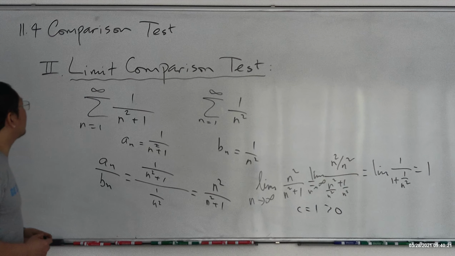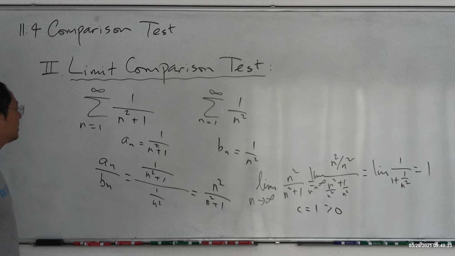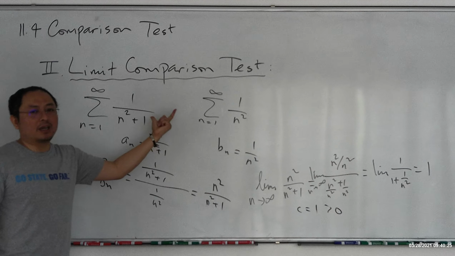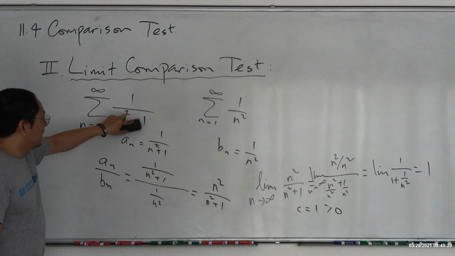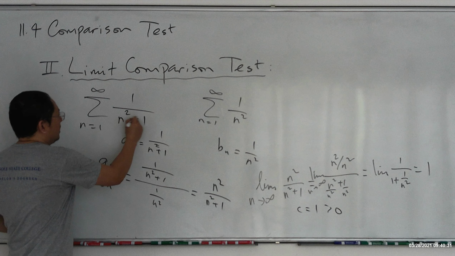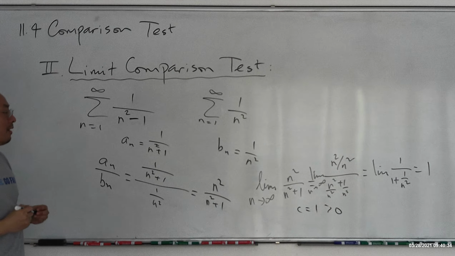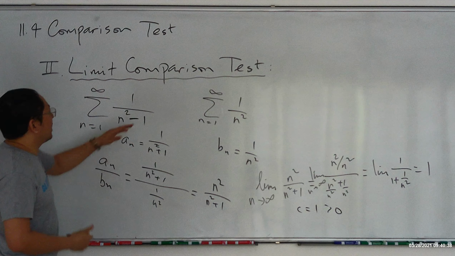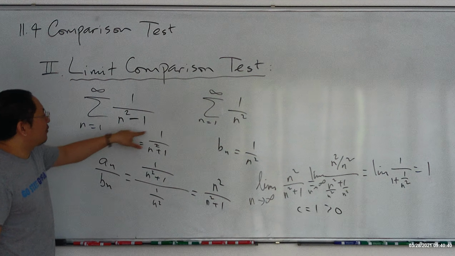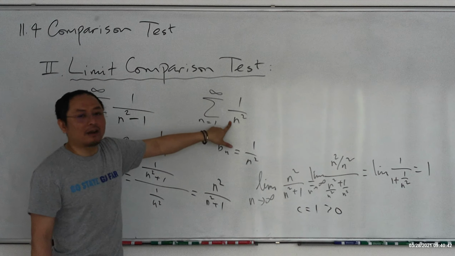So what is the difference between the comparison test and the limit comparison test? For these two examples right here, I claim you can use both the comparison test and the limit comparison test. But for the example that I gave you before, we can't use the comparison test directly yet, because that fraction right here is actually bigger than that fraction.